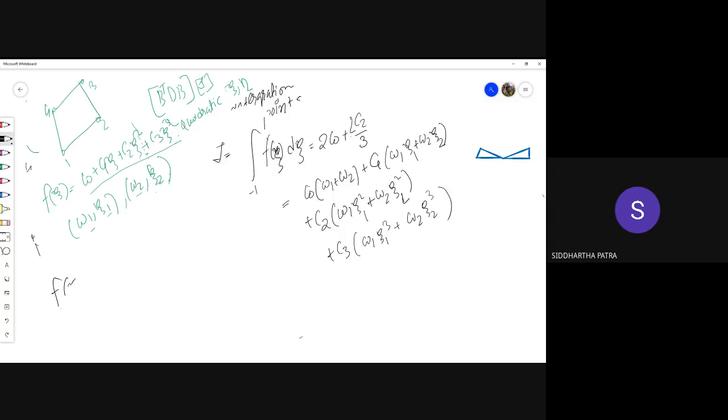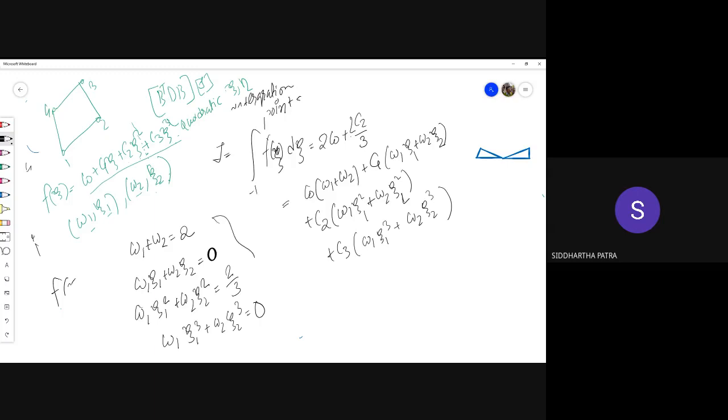If we compare the coefficients of C0, C1, C2 and C3, you'd see w1 plus w2 is 2, w1 xi1 plus w2 xi2 is 0, w1 xi1 squared plus w2 xi2 squared is 2 by 3, and w1 xi1 cube plus w2 xi2 cube is 0.